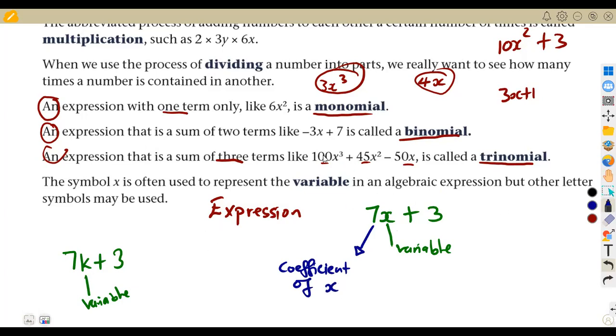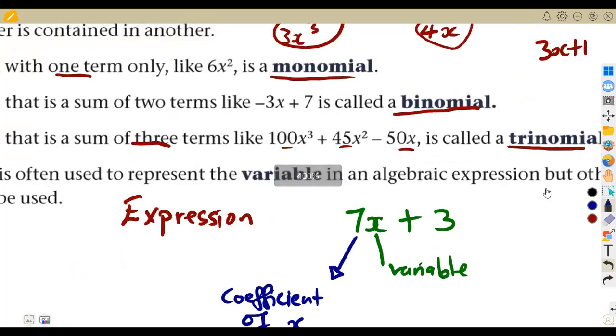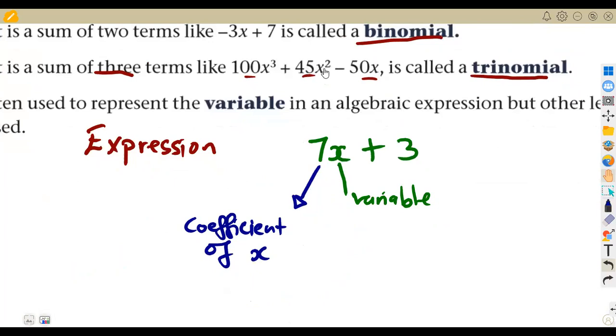So meaning to say, if I am given, for example, what we have here, 100x to the exponent of 3 plus 45x to the exponent of 2 minus 50x, and I consider this, I'm going to say that this 100 here is the coefficient of x cubed, x to the exponent of 3. So 100x to the exponent of 3, this 100 is the coefficient.